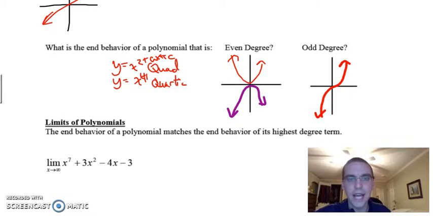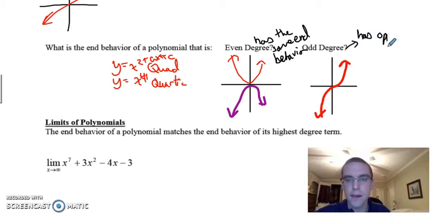And so the idea is that even degree has the same end behavior, and odd degree has opposite end behavior.